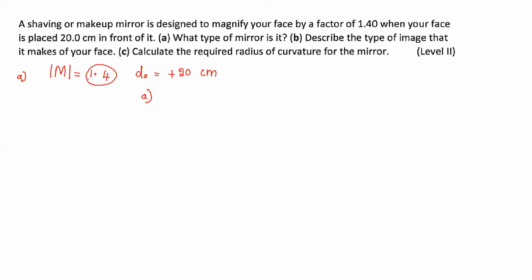That means it has magnified your face, right? It is giving a bigger image. If you remember, convex mirrors only gave small images, right? So this should be concave. But let's see. Okay, so I assume that this should be concave. Let's do the problem and see.